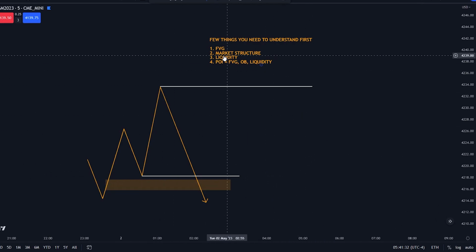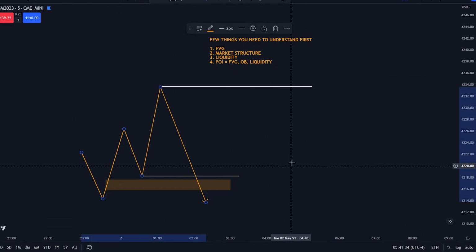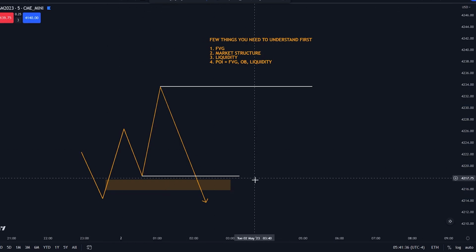Okay? And order block too. We did not talk about order blocks in this video, but right now it's not that important because you want to make your trading as simple as possible. The more simple it is, basically the higher win rate it has. So make it simple. So now we know what fair value gap is, market structure, liquidity, and also our point of interest. Now let's get to the strat itself.